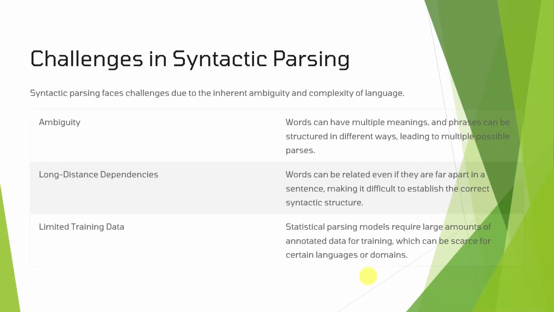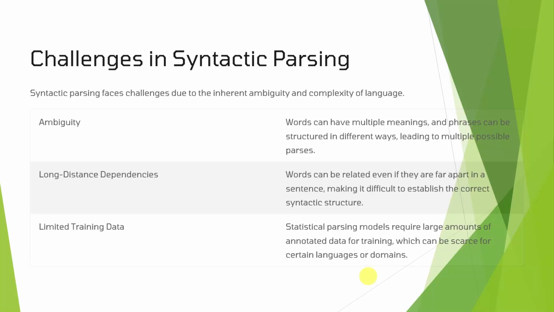So what are the challenges in syntactic parsing? Syntactic parsing faces challenges due to the inherent ambiguity and complexity of language. Ambiguity means words can have multiple meanings and phrases can be structured in different ways, leading to multiple possible parses. This is one of the challenging issues under syntactic parsing. Then there are long-distance dependencies.